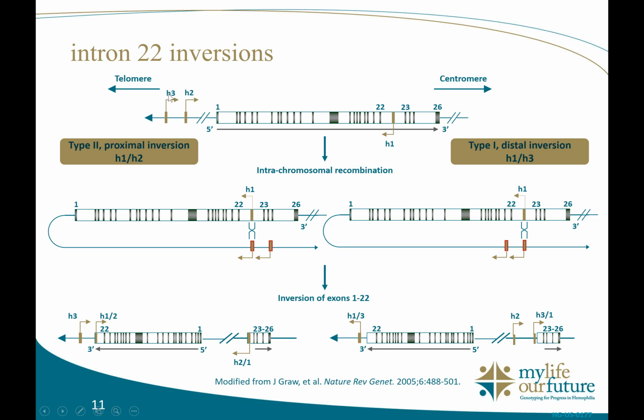So now we'll get to MLOF Future and why we developed the project and how we have done it. It started really with 2 surveys, one to consumers by the National Hemophilia Foundation and one to providers by the American Thrombosis and Hemostasis Network, and found that both reported that only about 20% of patients with hemophilia had genotyping.